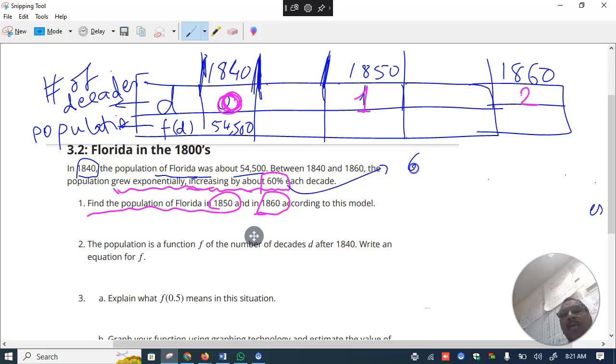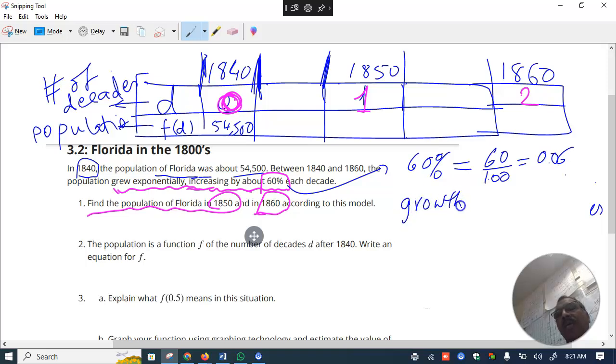I write 60%. Now, what is 60%? 60% is the percent increase in the population every decade, which is 60 divided by 100. You can check on the calculator also.